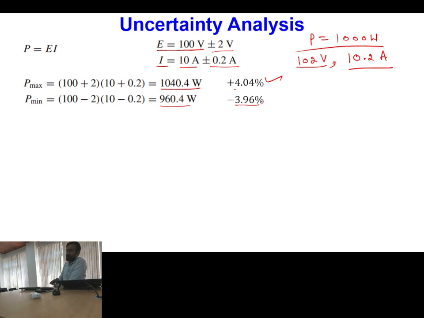But now there is one important issue. When we are talking about uncertainty, there is an extremely low probability that when I have the maximum positive deviation in the voltage, I will also get the maximum positive deviation in the current.